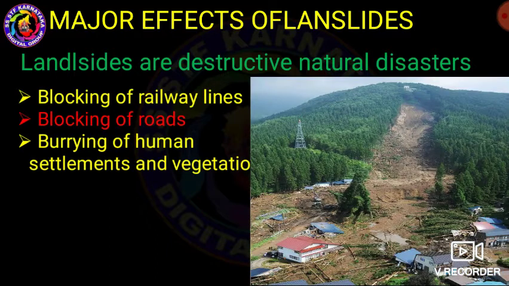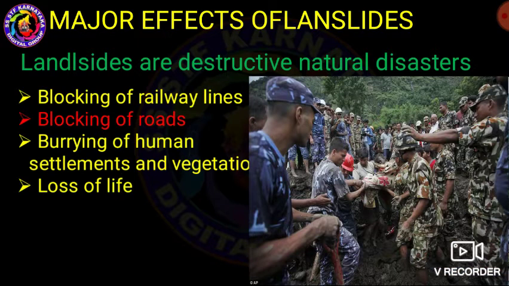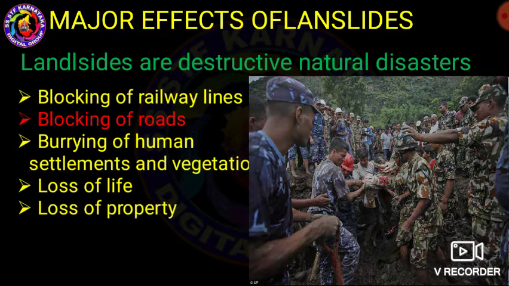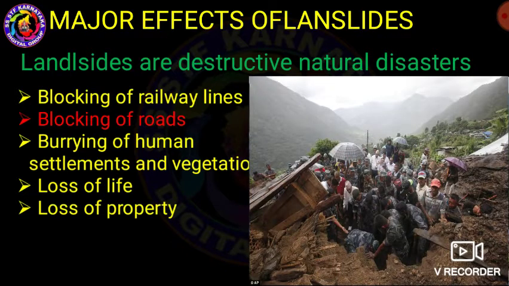Then burying of human settlements and vegetation. Burying of the human settlements and vegetation, then loss of life and loss of property, etc. These are the major effects of landslides. All of you know that, keep it in mind.